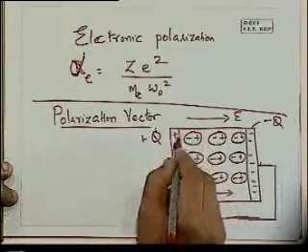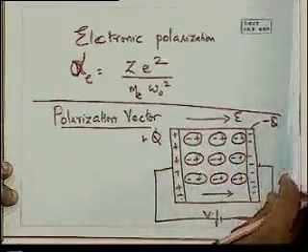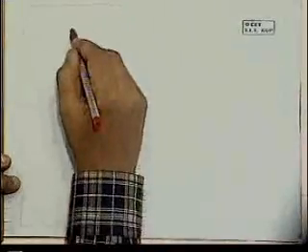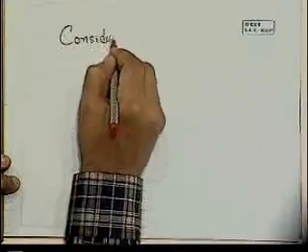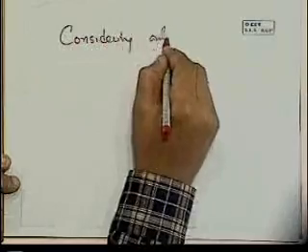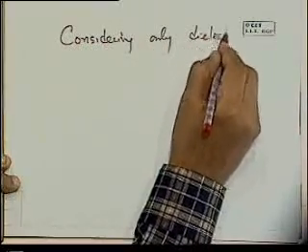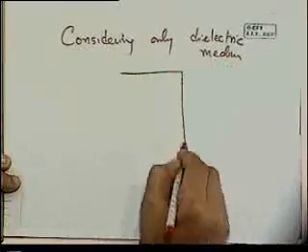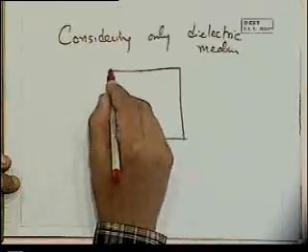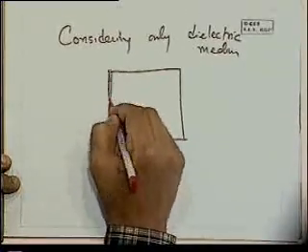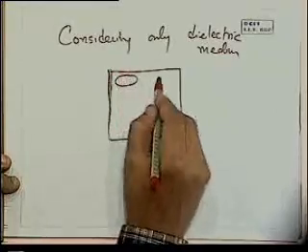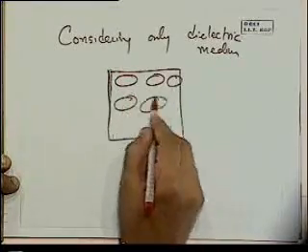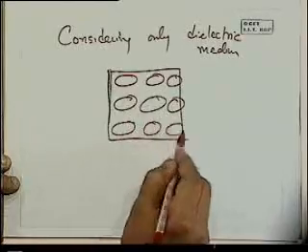Now, forget about the metal plate for a second and consider only the dielectric medium. I've left out the metal plate, and we're looking at what happens to this. We have the dipoles as before, which I will not bother to sketch all of them in, just to give us an idea.